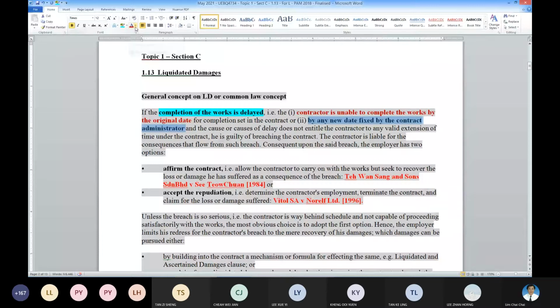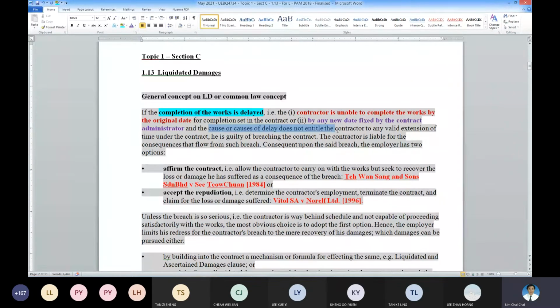Number 3, so you can see here, any new date fixed by the contract administrator, because it is caused by the contractor who cannot have a valid extension.